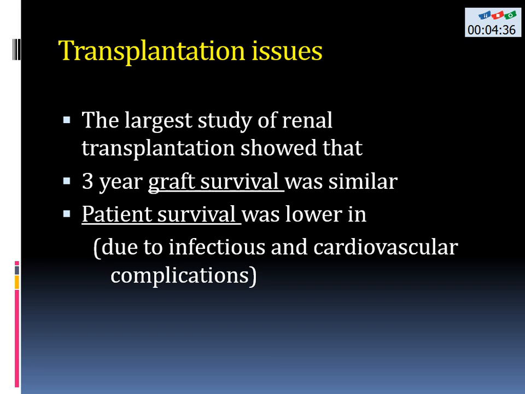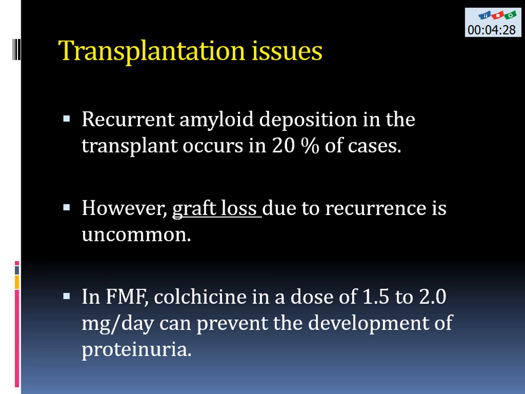However, the patient survival was lower in AA amyloidosis due to repeated infections and prominent cardiovascular disease. Recurrence of amyloidosis in the graft is about 20% of cases. However, graft loss due to recurrence is uncommon, again perhaps because the patient survival itself is very low.